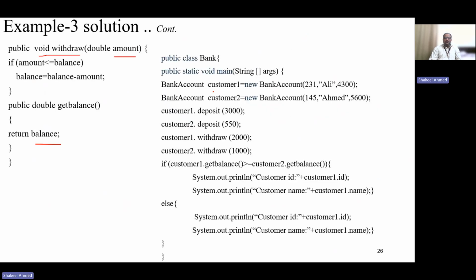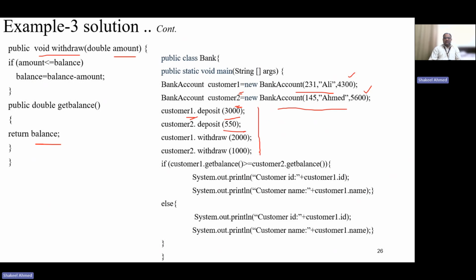Now go and call the main method, where you create instance references for those objects with the initial balance they have. Customer 1 deposits 3000, and customer 2 deposits 550. Now, for example, customer 1 withdraws 2000, and customer 2 withdraws 1000.